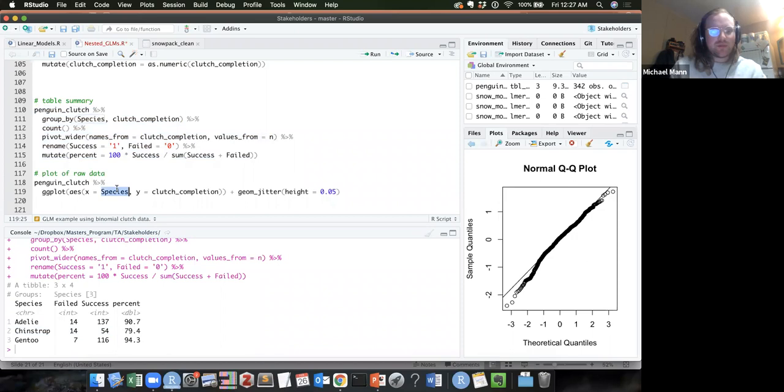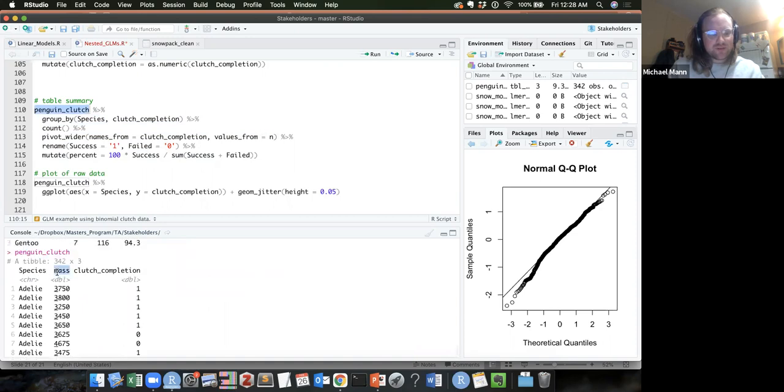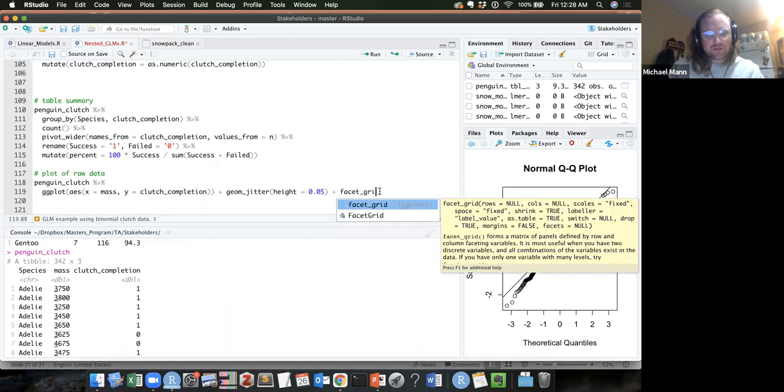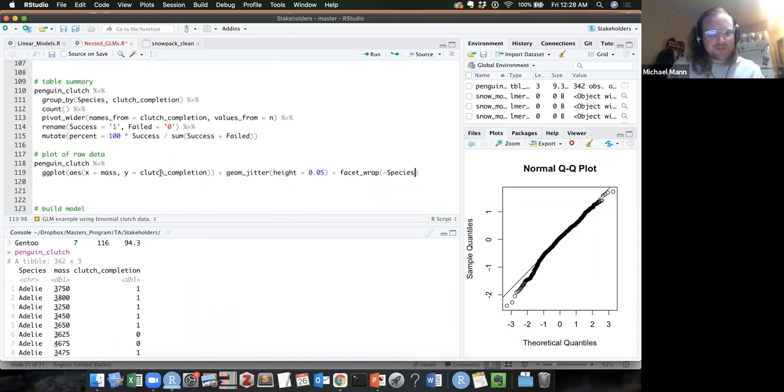Let's actually plot some of this and then look at mass. I don't have that originally coded here, but we can easily plug it in and facet it by species. So I'm going to create a quick plot showing the two.